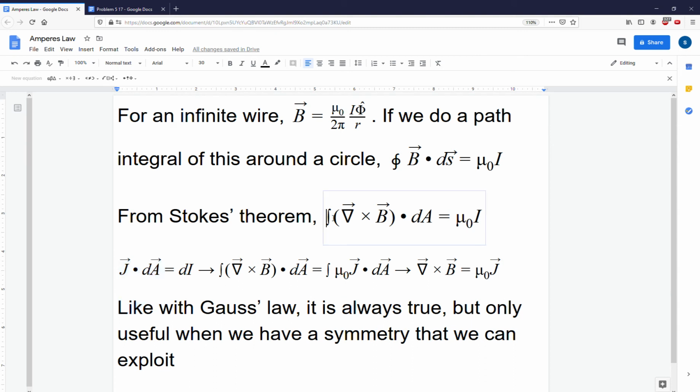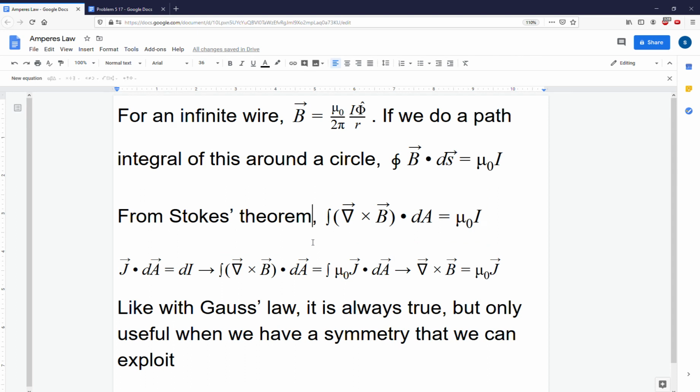Now consider, this integral is now equal to the integral of this. Put them together and we get this. And would you look at that? We have some function dot dA and some function dot dA, and we're saying that their integrals are equal.